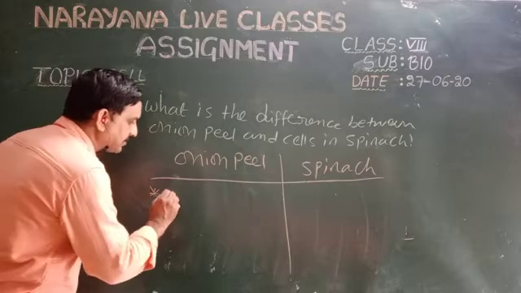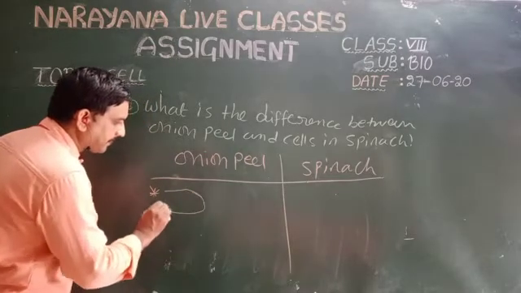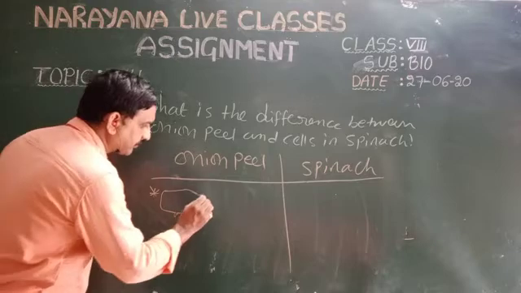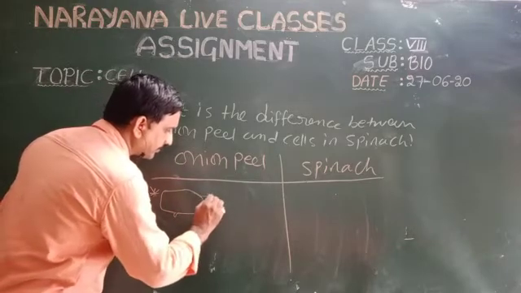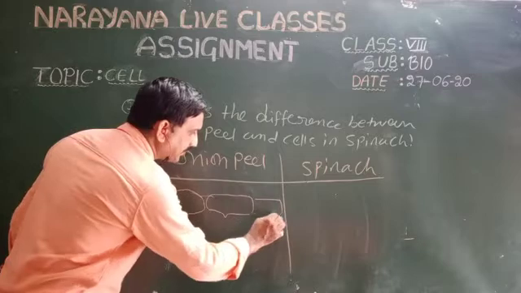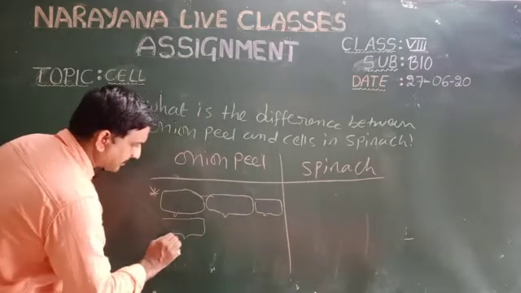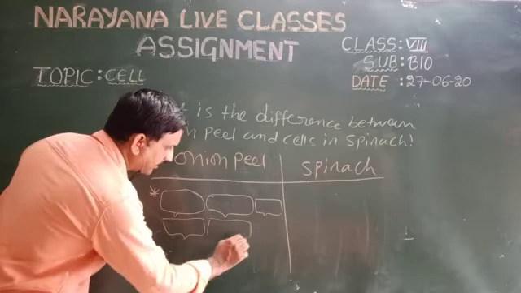Like this, cylindrical shape means this type of shape. Cells are arranged like this. Cylindrical shaped cells are arranged like this in the onion peel.